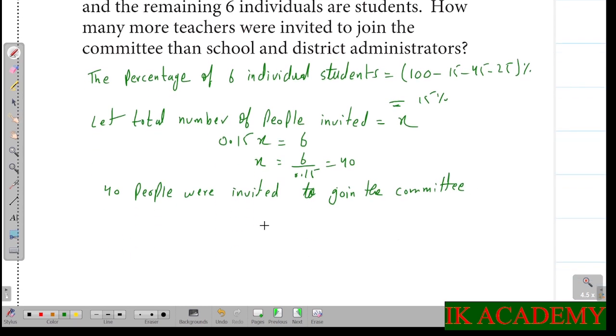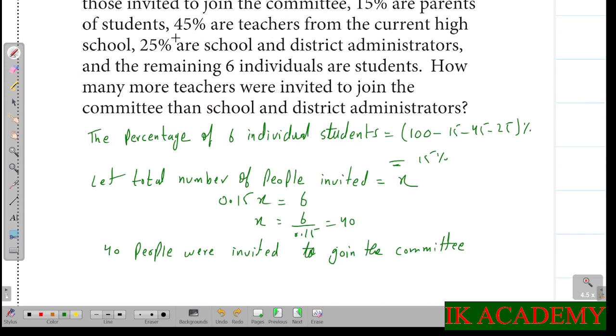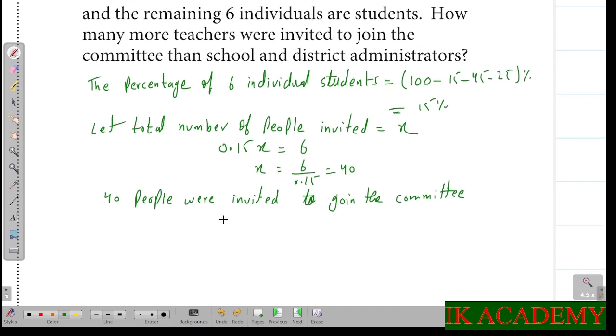Now, because we have the total number of people, we can convert all the percentages into numbers. We can find the number of teachers and the number of people from district administration. The number of teachers from the high school is 45%, so we write 0.45 times the total number, which will be equal to 18.